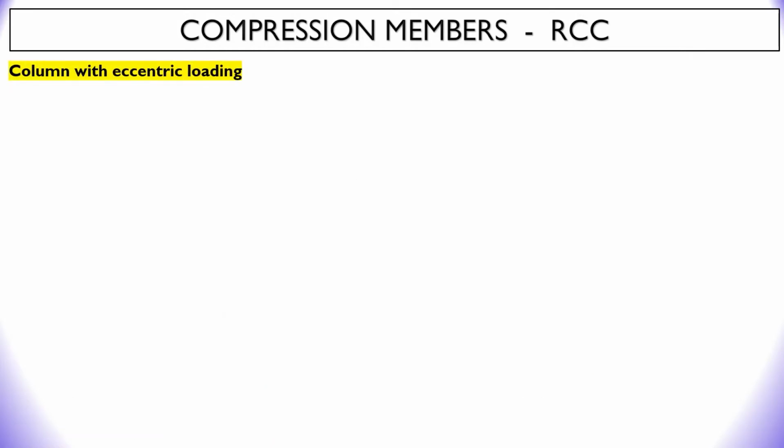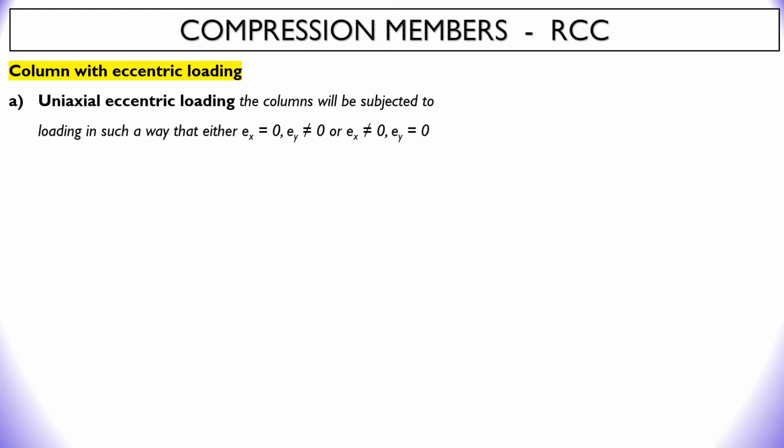Now let us go through the columns which are having some eccentricity of loading. That means columns with eccentric type of loading. Here we are going to discuss first of all uniaxial eccentric loading. That means the load is acting such that it has some eccentricity from one axis.